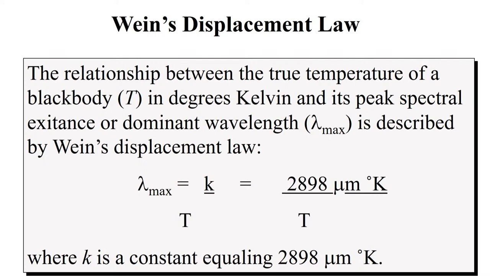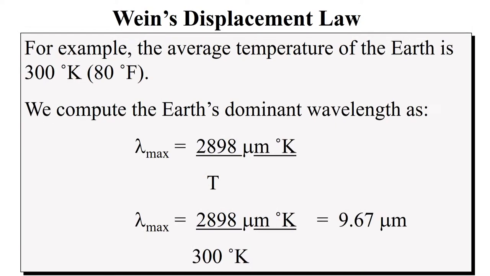So when the temperature in degree Kelvin of any object can be measured, with the help of the measured temperature, one will be able to find out the dominant wavelength. So this could be used in imaging also. For example, the average temperature of Earth is around 300 degree Kelvin, which is about 80 degree Fahrenheit.